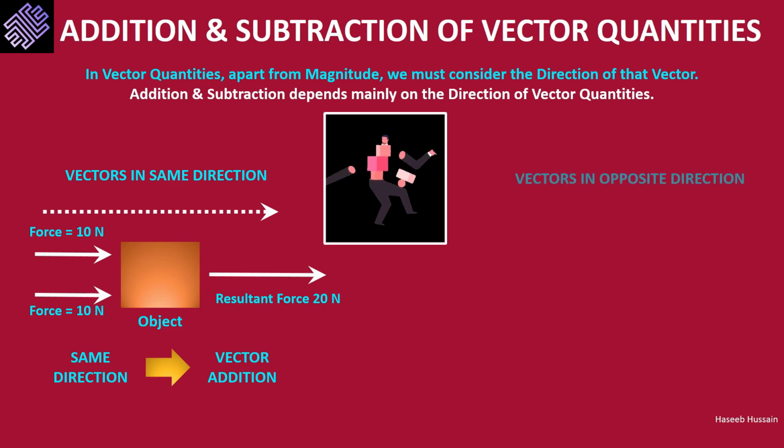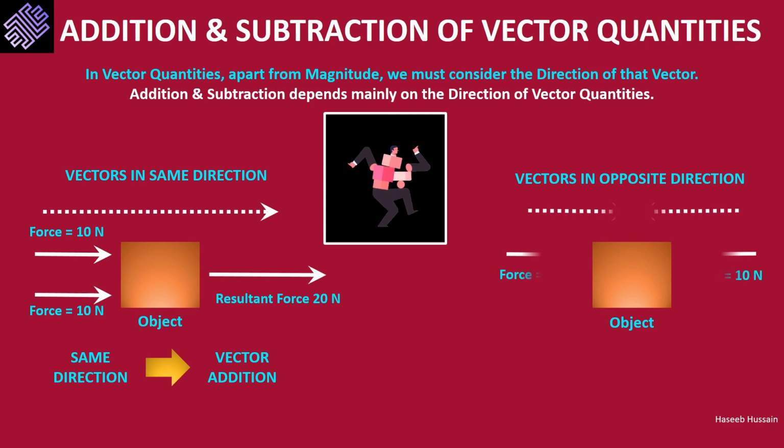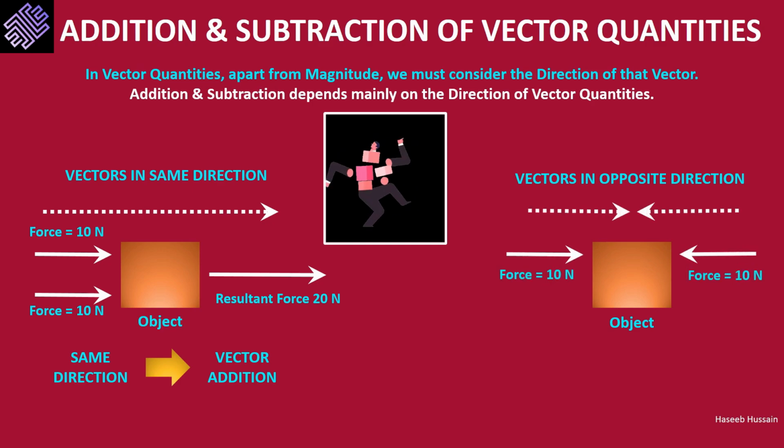Conversely, if the vectors are in opposite direction, the resultant will be equal to the difference of the two vectors. The direction of the resultant will be the direction of the larger vector. In the case below, two forces of 10 Newton each are striking an object, but in the opposite direction. In which direction will the object move?